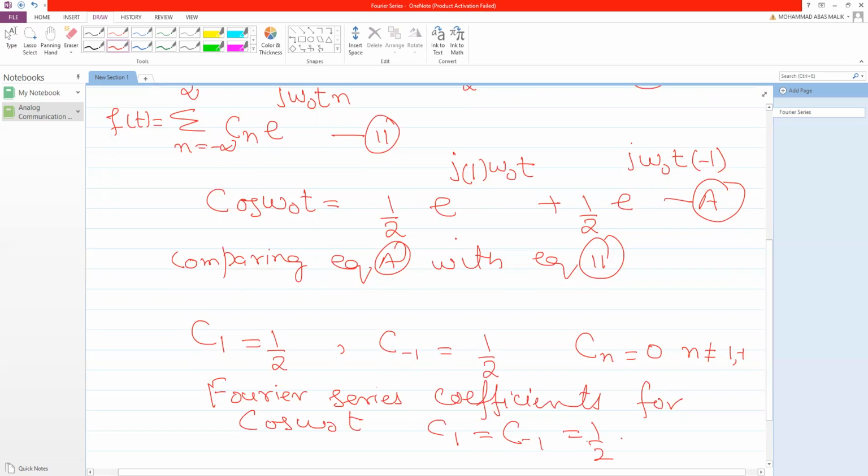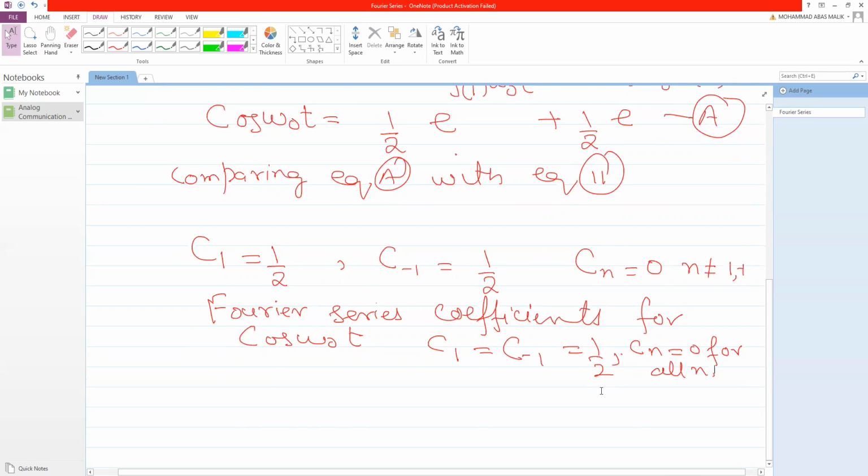Right? Anybody having any doubt, please tell me. Cn is 0 for all n's other than minus 1 and 1. For all other n's, it will be 0.